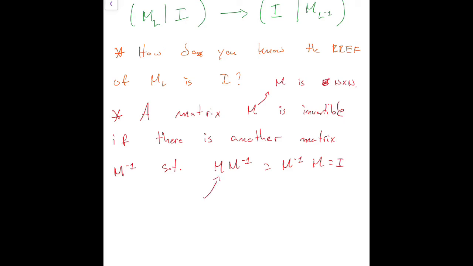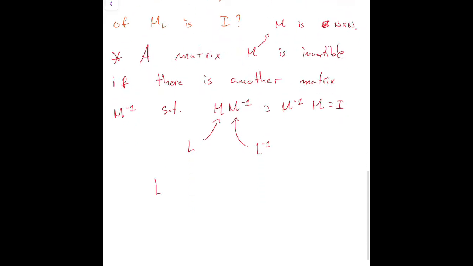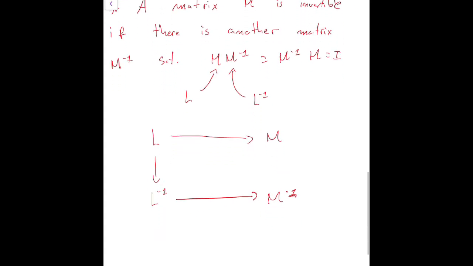Okay, and the idea is that M is going to be associated to some linear transformation L, some bijective linear transformation L, and M inverse is going to be the matrix for the inverse of that. So you have an L, you can go to the matrix M, you can think about the inverse transformation L inverse, and you have a matrix M inverse for it.